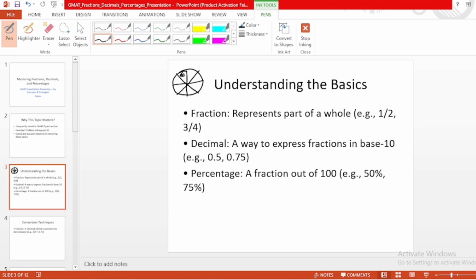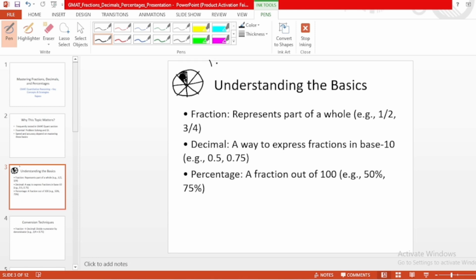This portion is one part of the total 8 parts, so it is 1/8. This is the fraction. So a fraction represents the part of a whole. 1/2, 1/8, these are fractions.